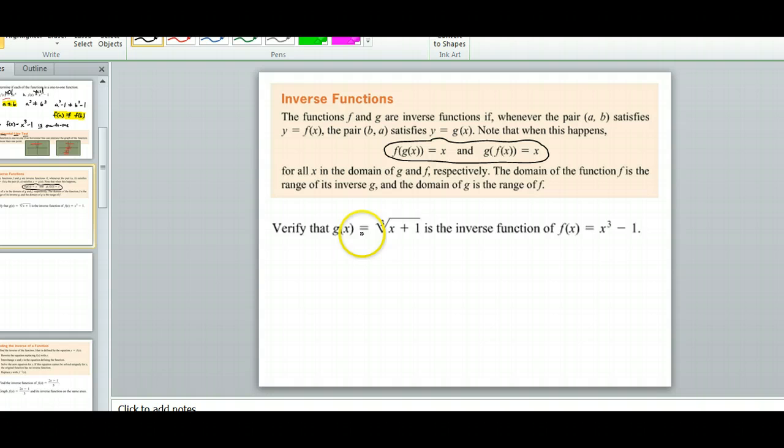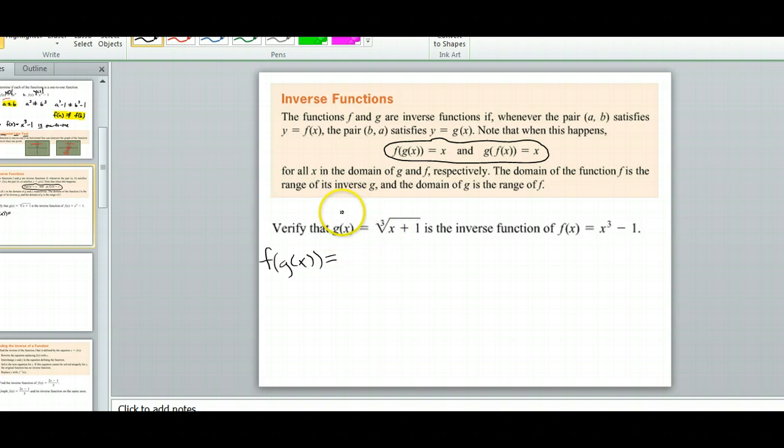So this one says verify that g of x is the inverse of f of x. So I need to find f of g of x, meaning plug the g function into f and see if we get the same thing.